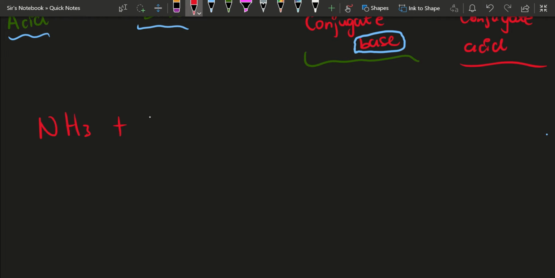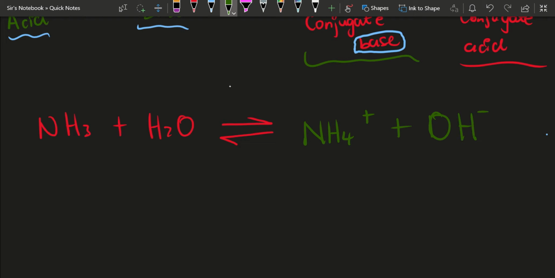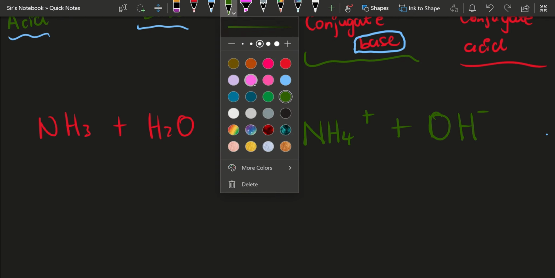And I react NH3 with water. And then what does it actually form? So NH3 reacting with water will form an ammonium ion plus OH minus. Right. So what happened in this case? Now look at this.